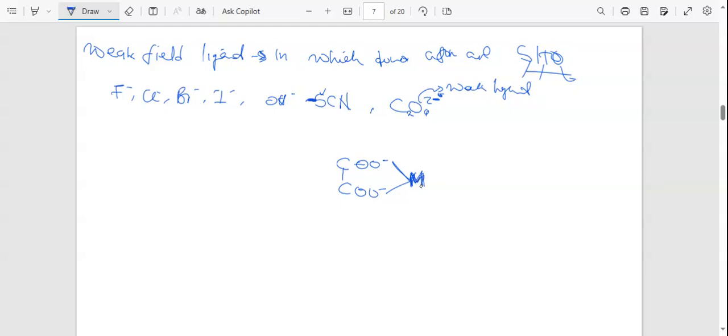This didentate ligand uses oxygen to bind to the metal. So we no longer want sulfur, hydrogen, and oxygen. They are taking us to weak ligands.